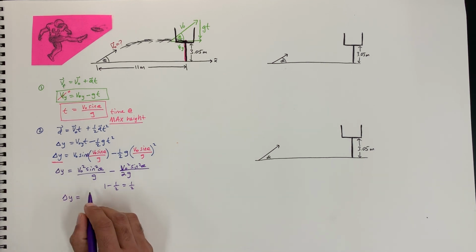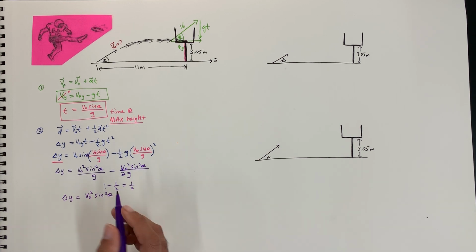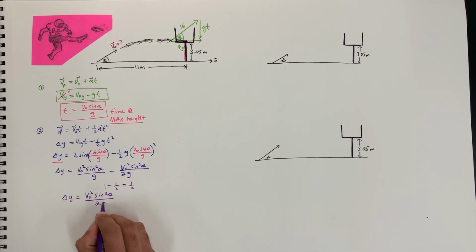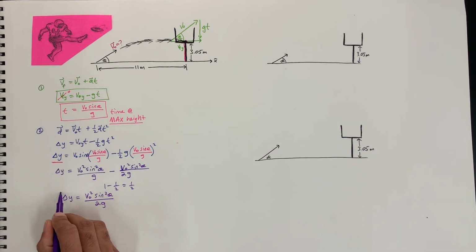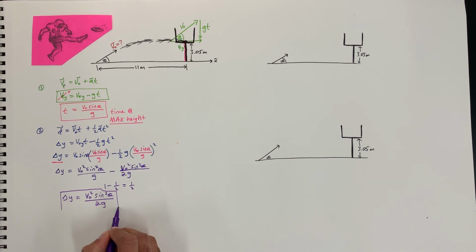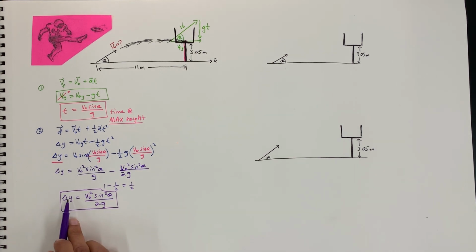Delta y is going to be equal to v naught squared sine squared theta over 2g. So this is the expression that we are looking for, which tells us that the max height is going to be equal to all of this.